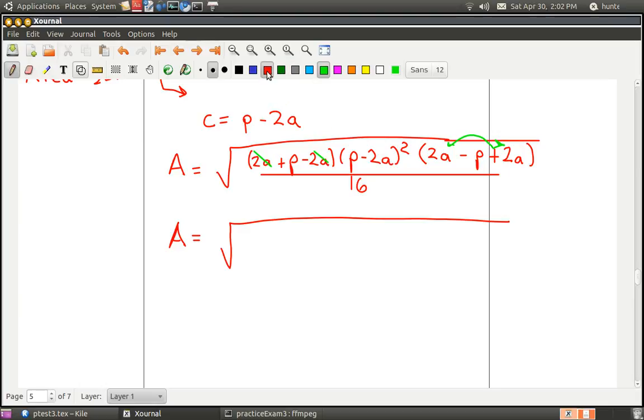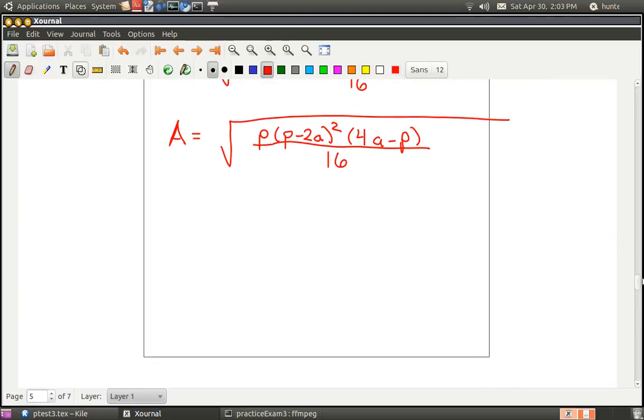Now I just have P for this first thing times P minus 2A squared, and then for this last thing it's going to be 4A minus P, and this is all over 16.